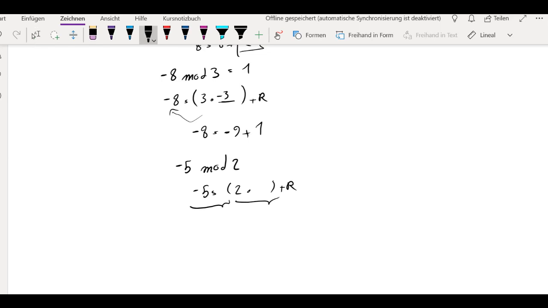Minus 3 would give me minus 6, so minus 5 is minus 6 plus something, and this something should be 1. So minus 5 mod 2 is 1 again.